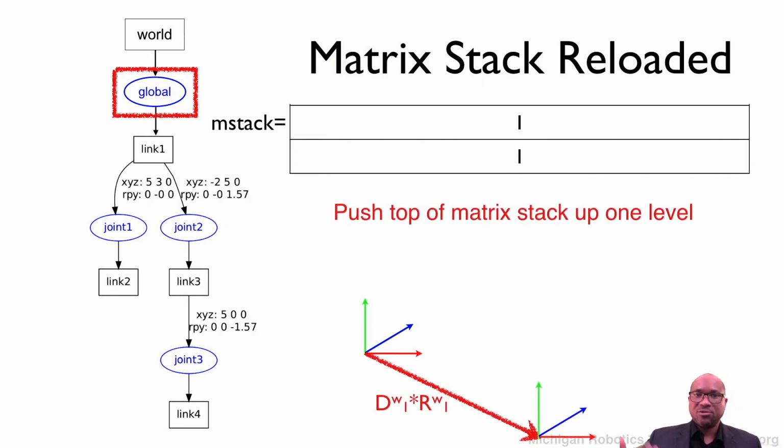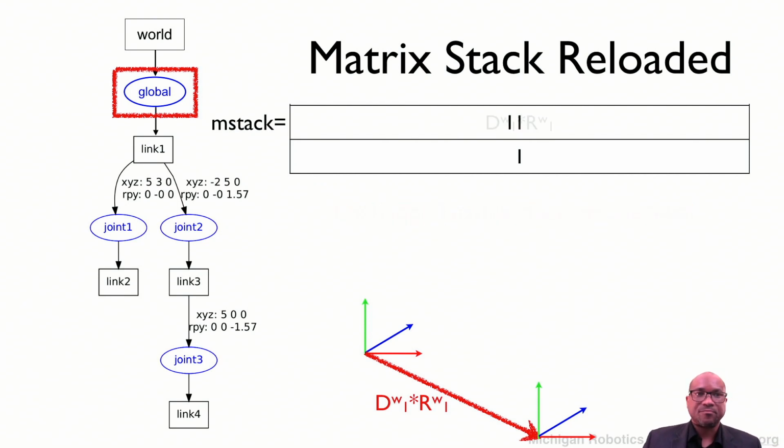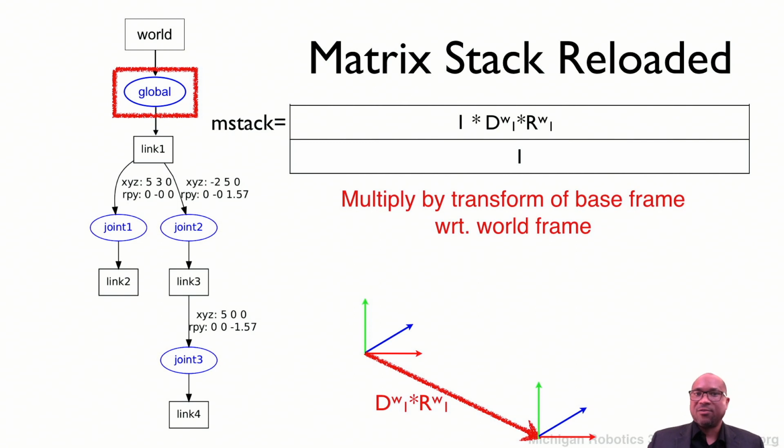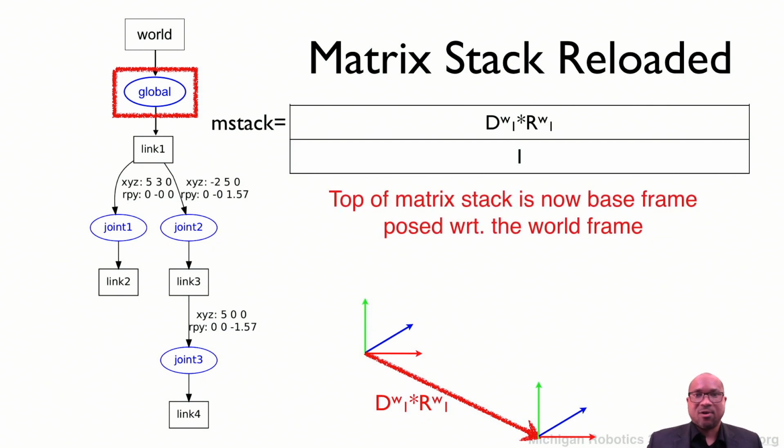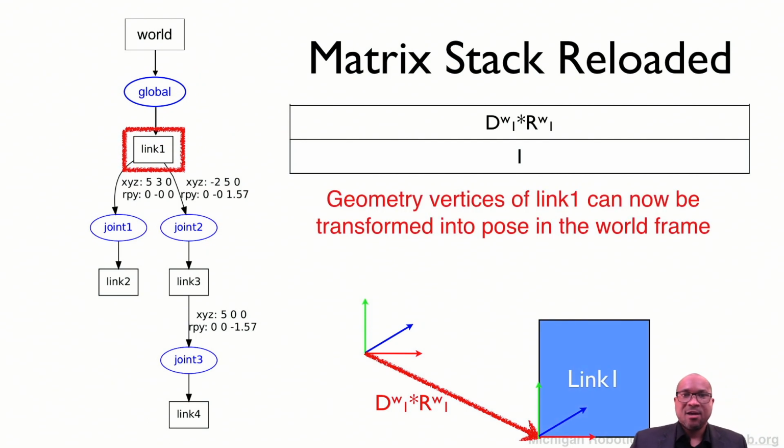We push onto our matrix stack a copy of the top of the matrix stack whenever we hit degrees of freedom. Then we multiply through the transform of the base frame with respect to the world frame. Once we get to the actual base link, we can use the transform at the top of the matrix stack to multiply out the vertices of the link geometry and place it into the world.